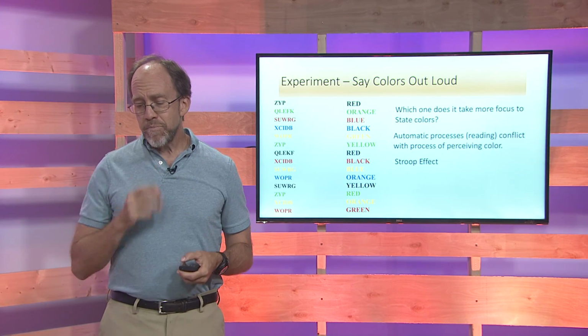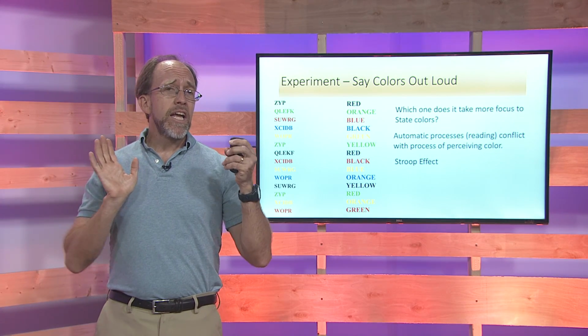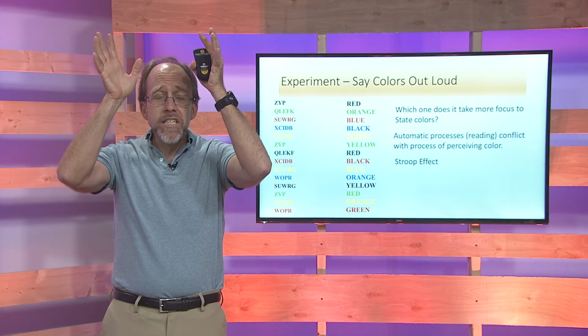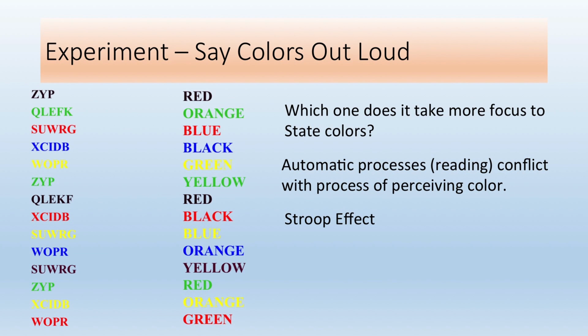Now, let's try something here, because in an automated process, everything should relatively make sense cognitively. Here I've got a number of words that are in different colors. The words are the colors. If the words and the colors match, it's relatively straightforward.